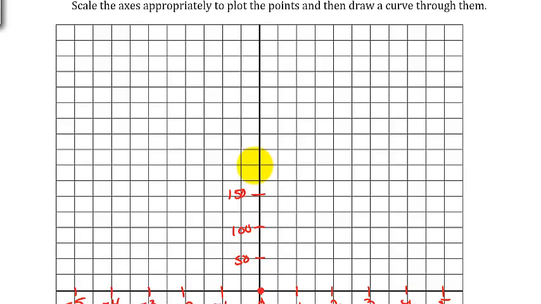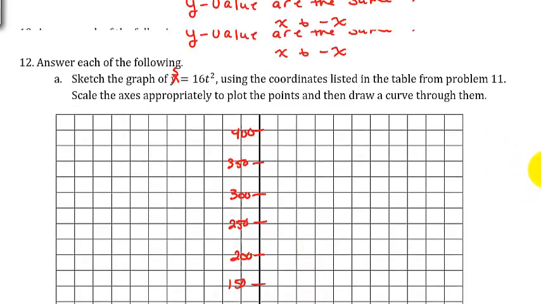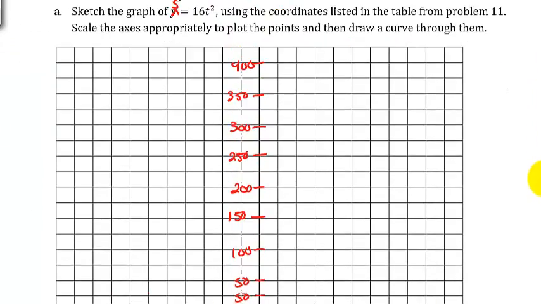So we'll go 25 for each. Whoops, that would be 200. So we have 0, 0, we have 1, 16, so there's 25, a little over half, and then negative was the same. And then we have 3, 144.